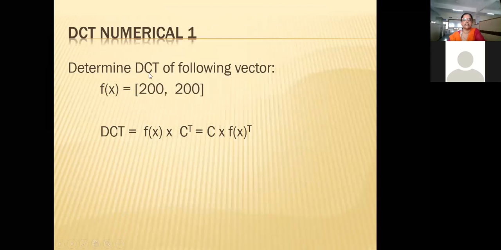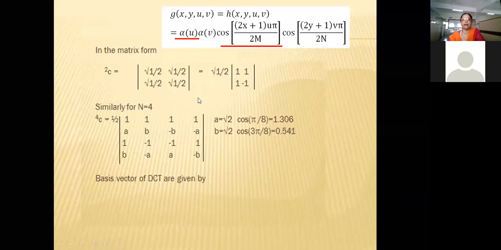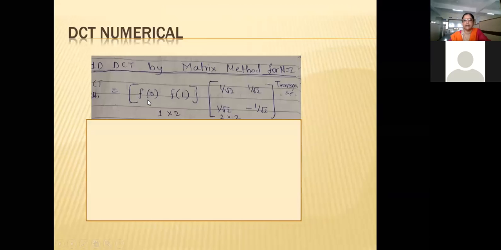Okay, so this is the input signal 200, 200. Now we need to use this coefficient matrix where the size is 2 by 2. By simple matrix multiplication, your signal x, which is represented here as a vector f0, f1, has size 1 by 2. And here we need to consider the transpose of this matrix because we have considered this input signal as it is, that is 1 by 2.